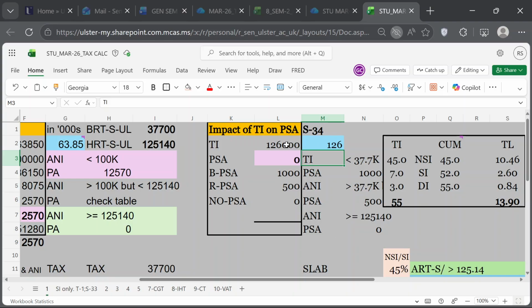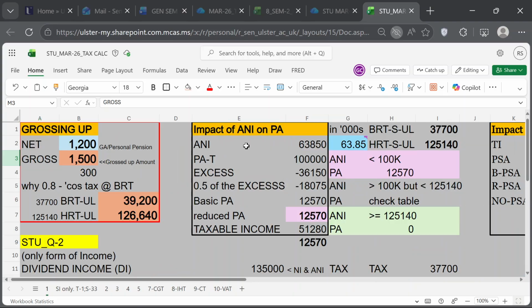So what am I doing in this calculation? I'm just comparing this to these two numbers. But if there is any gift aid or personal pension contribution, these numbers will change. If this person gives a net contribution of 1200 to gift aid, then the gross contribution is 1500, and these numbers will become these numbers.